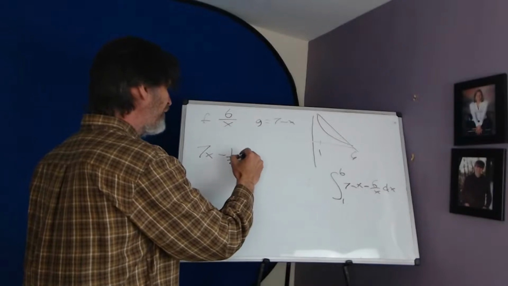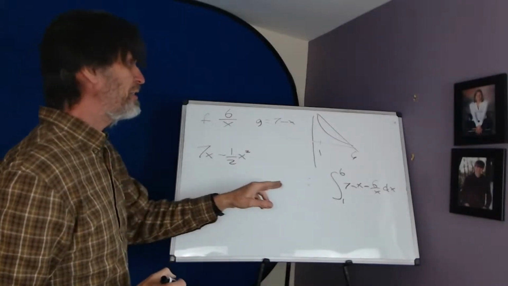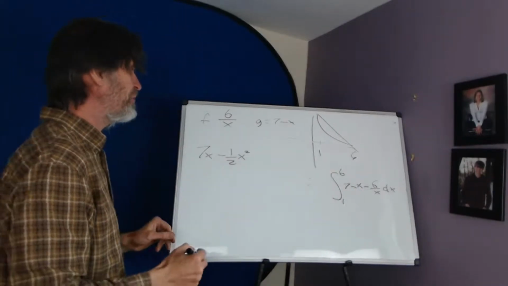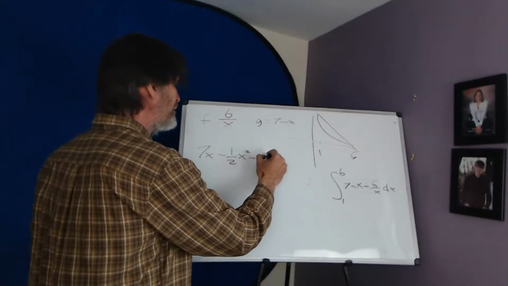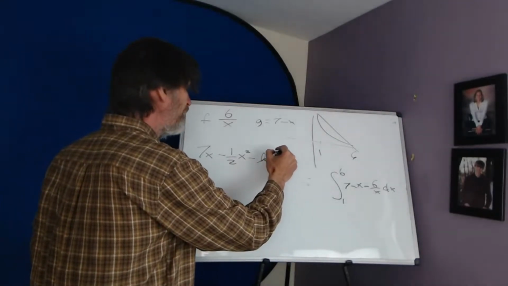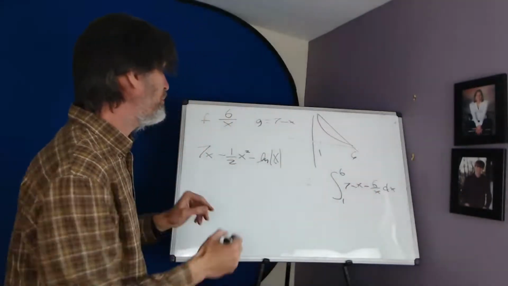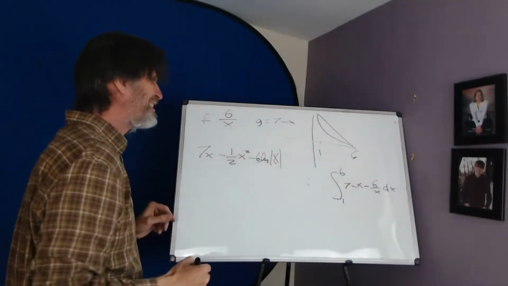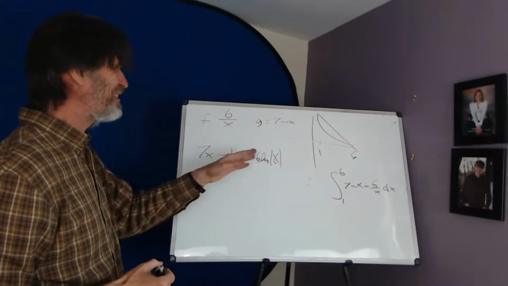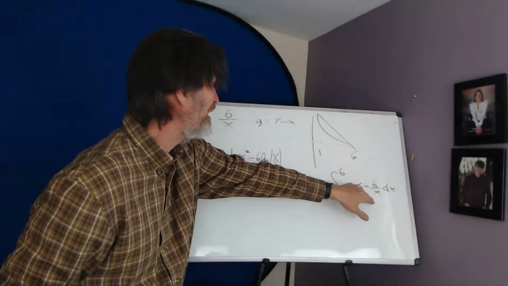Negative 1/2 x squared is the function that has negative x for the derivative. And minus, don't forget your 6, 6 natural log absolute value of x is the function whose derivative is 6 over x.